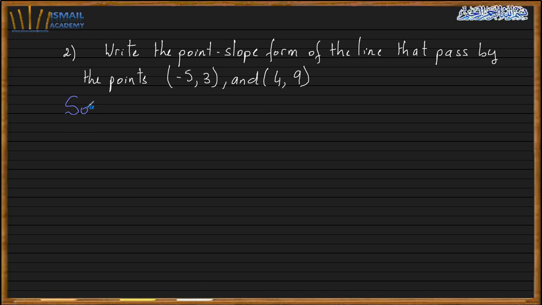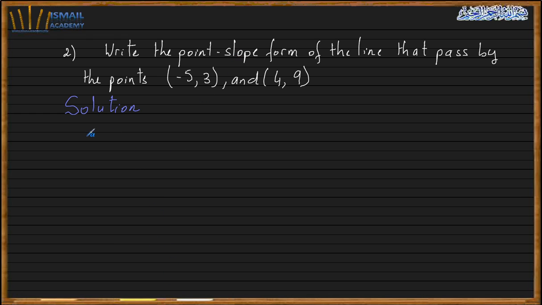Here I don't have the slope, so the first thing is to find out the slope, because for point slope form I need a point and a slope. Here I have 2 points. Either I pick that one or that one, it's the same thing, I will have the same answer. But what's missing is the slope. That means the first thing I need to do is find the slope.